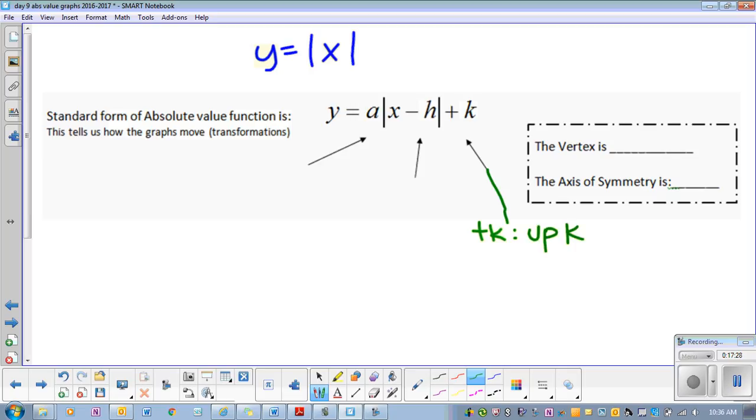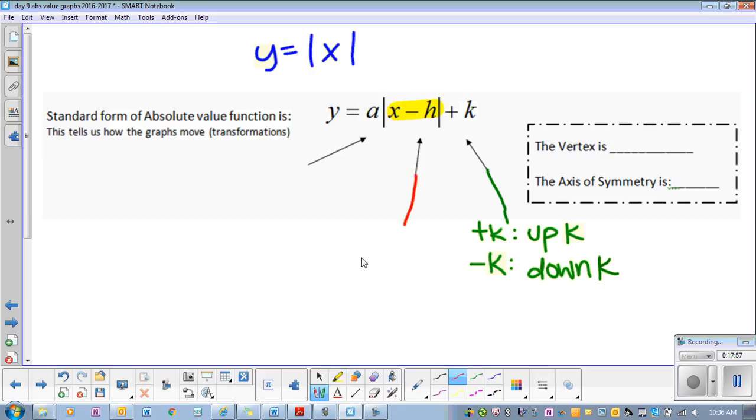Great job. If I have a plus 2, that means it went up 2. What about if I have a minus k then? Down k. Sorry, Ethan, you're ahead of me. Okay? Now, let's talk about this one right here, x minus h.